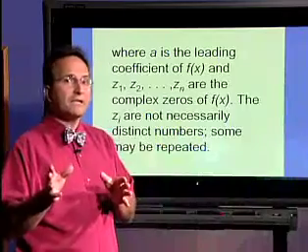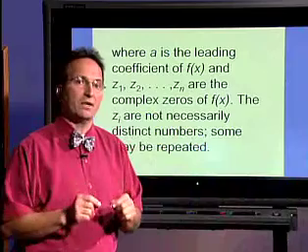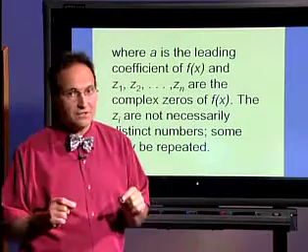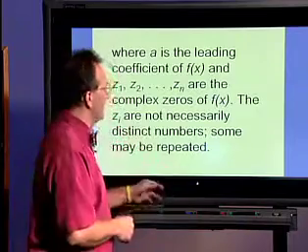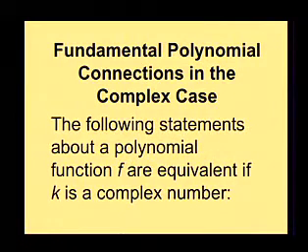Well, as we've already observed, if k is a complex zero of a polynomial function, then k is not an x-intercept. However, we can make the following statement about the fundamental polynomial connections in the complex case. The following statements about a polynomial function f are equivalent if k is a complex number.